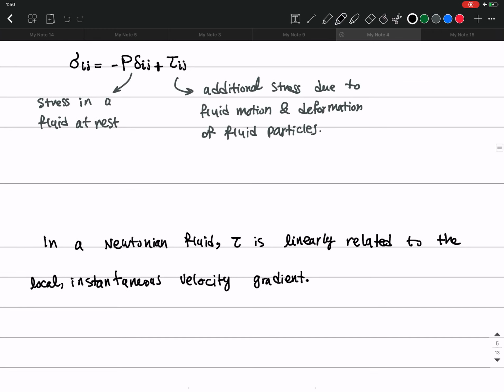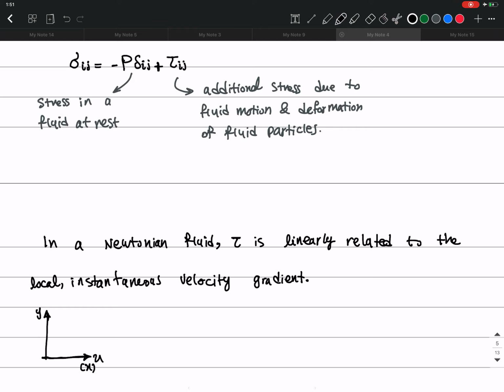What does this mean? For example, if you remember from the first few lectures, for a Newtonian fluid, let me see if I can write exactly the same thing that we had. Say here we have y, and here we have u, which is in the x direction.